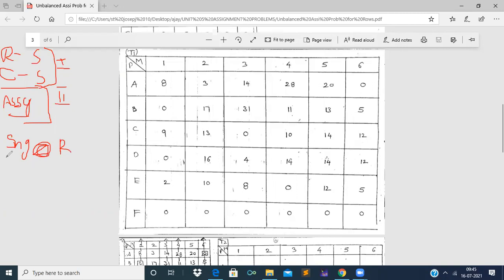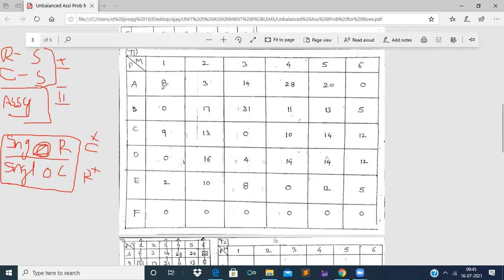And after rows are finished, we search for single zero columns. So it is a whole step: searching for single zero rows and striking off columns, searching for single zero columns and striking off rows. Now let us start searching single zero rows and single zero columns.